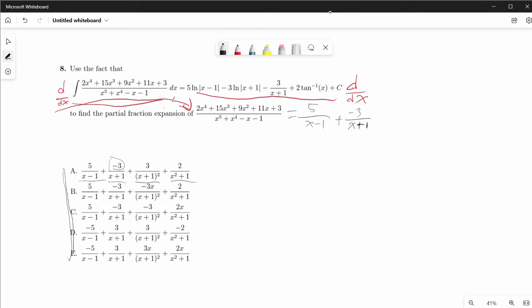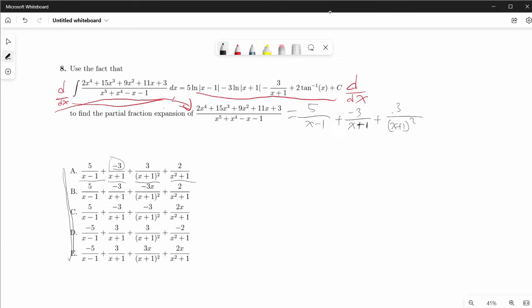Minus that plus negative 3, but I need to take consideration of the chain rule. So that would be just plus 3.